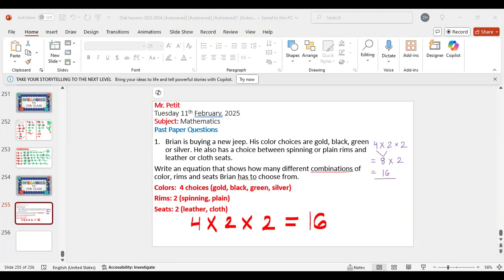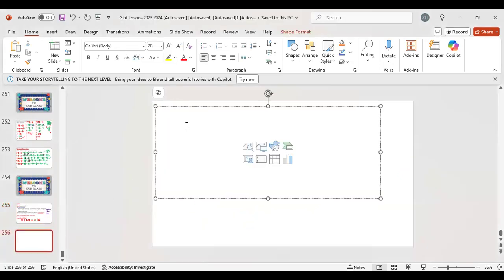So let's do another similar question. So let's say that Emily, number 2, Emily is designing her own custom sneakers.